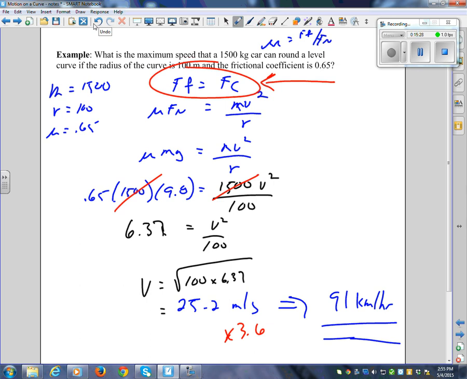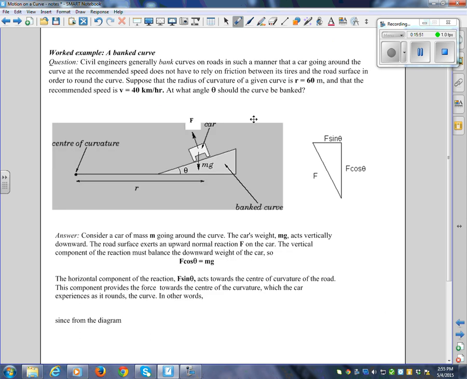The textbook does an absolutely terrible job of explaining this. So what I'd like you to do is jump to the last page that's here, and then we're going to come back to example number 9. Okay, so go to that last page where it says, worked example, a banked curve. Looks like this.